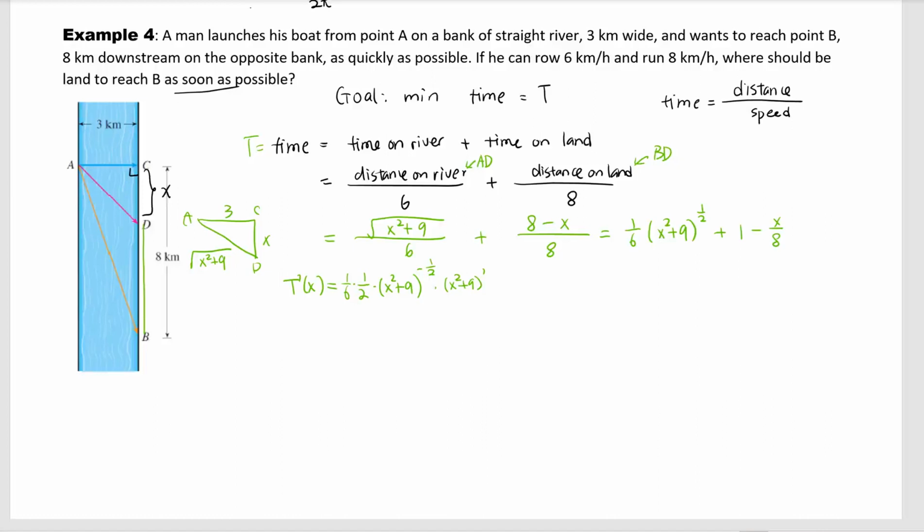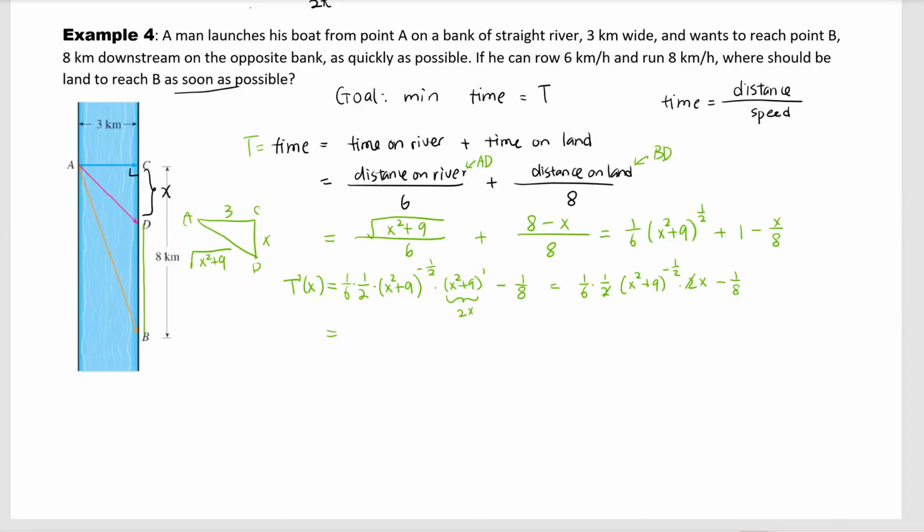And then the derivative of 1 is 0, and the derivative of x over 8 is 1 over 8. So we have 1 over 6, 1 over 2, x squared plus 9 to the minus 1/2 times 2x, minus 1/8. So the 2 cancel. Let's rewrite it.